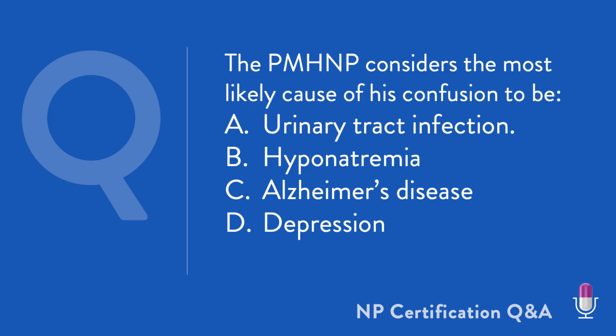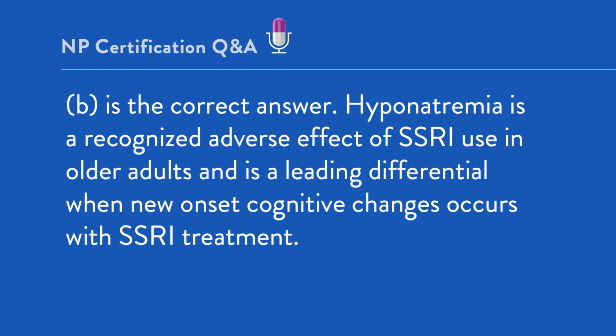What do you consider is the most likely cause? And the answer is B, hyponatremia. Hyponatremia is a recognized adverse effect of SSRIs in older adults, and it should be a leading differential when there is a new onset cognitive change with SSRI treatment.